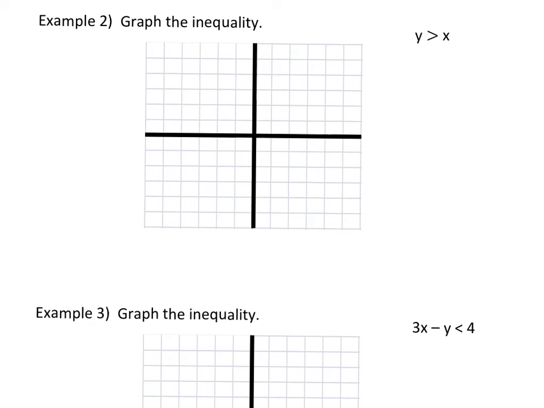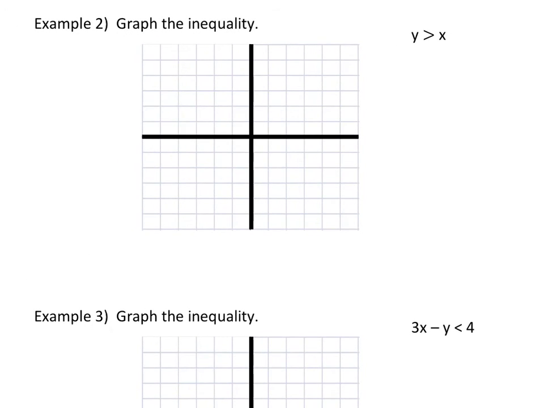Here we have, again, an inequality already in slope-intercept form. If you look at it, it's like +0, so the y-intercept is 0. The slope is 1, so it's 1/1, so I go up 1, over 1. We have to decide if we are going to draw a solid line or a dotted line.